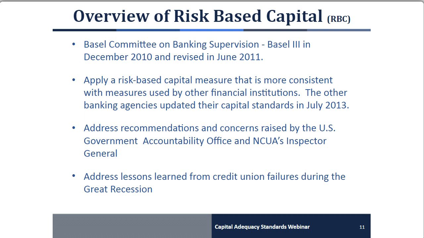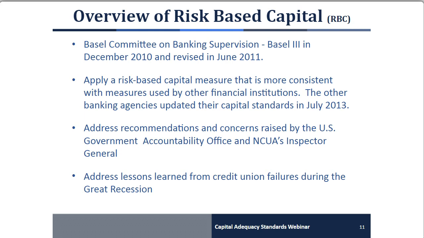Additionally, we needed to address lessons learned from credit union failures during the Great Recession, which provided compelling evidence that the prior risk-based net worth requirement did not sufficiently recognize risks that contributed to failure. The new risk-based capital ratio will also provide a risk-based capital measure that is more consistent with those used by other federally insured financial institutions.